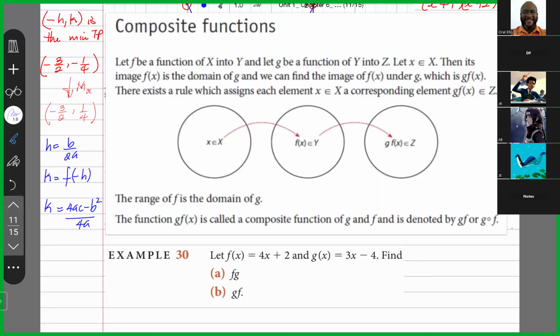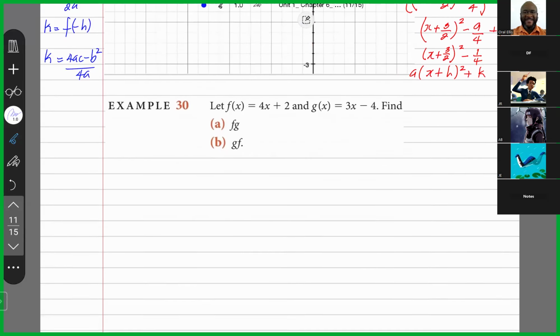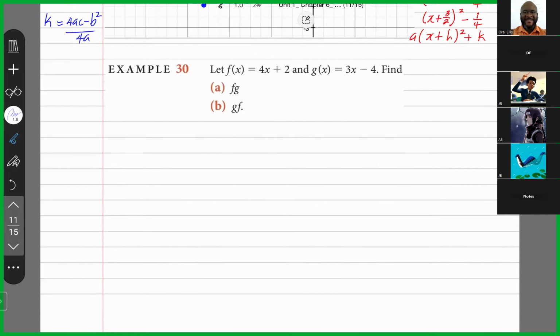All right, let's have a look at example 30. Example 30 says, let f of x be equal to 4x plus 2 and g of x be equal to 3x plus 4. Then we're to find f of g of x.